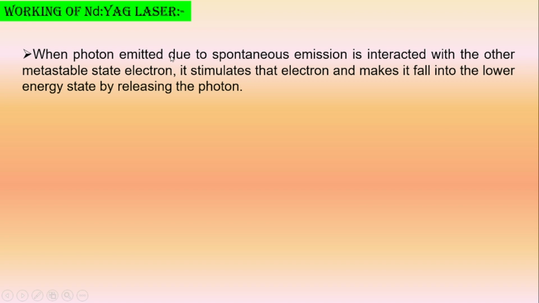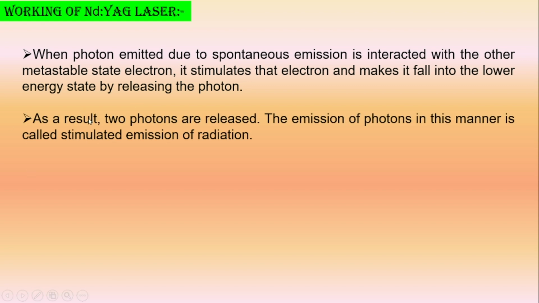When a photon emitted due to spontaneous emission interacts with another metastable state electron, it stimulates that electron and makes it fall into the lower energy state by releasing a photon. As a result, two photons are released. The emission of photons in this manner is called stimulated emission of radiation.